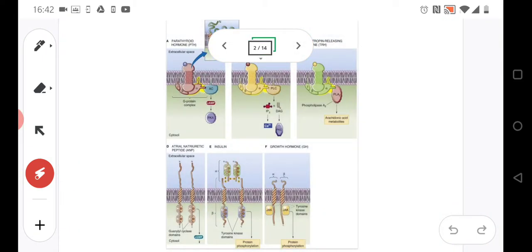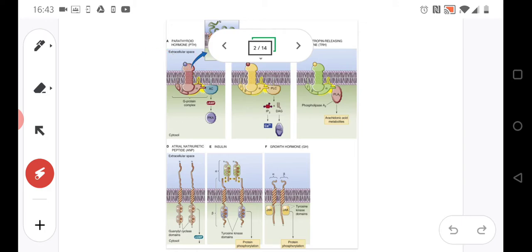Maybe let's take this example. We have different types of receptors, obviously, but all of them have very similar common patterns. In the case of the endocrine receptors, we always have some substance, some hormone, that is attaching to the receptor.